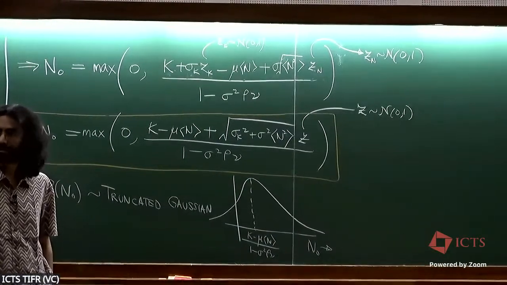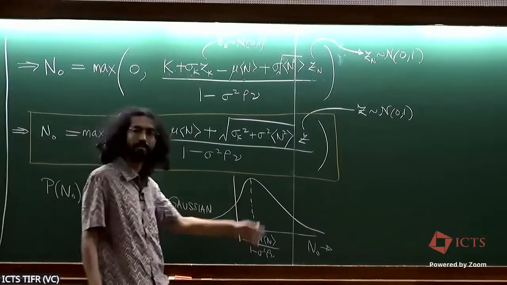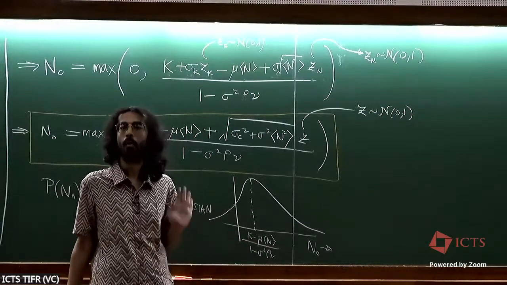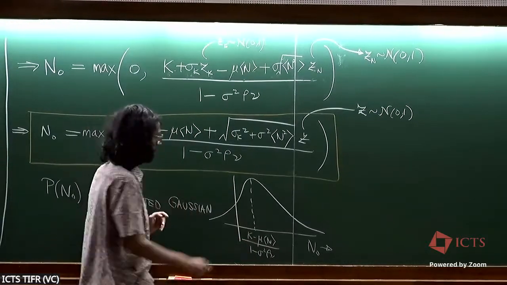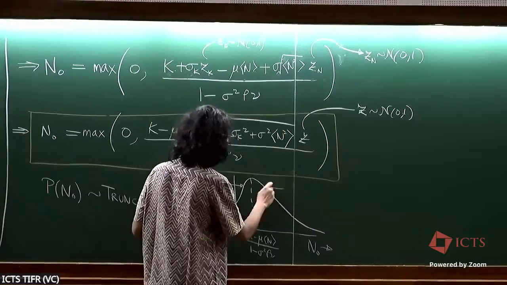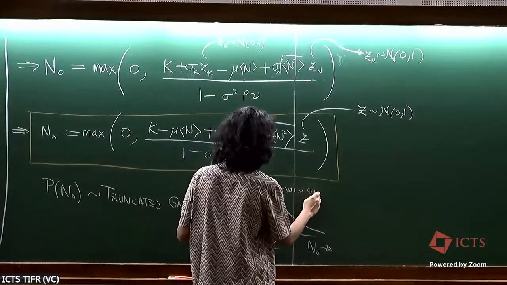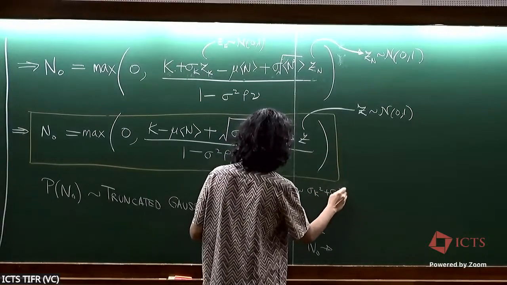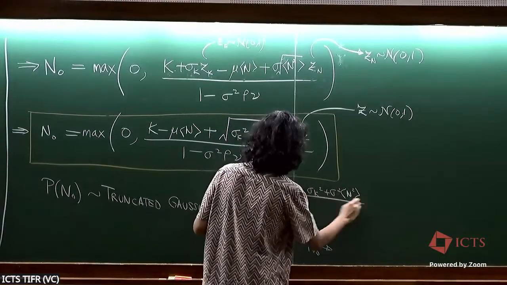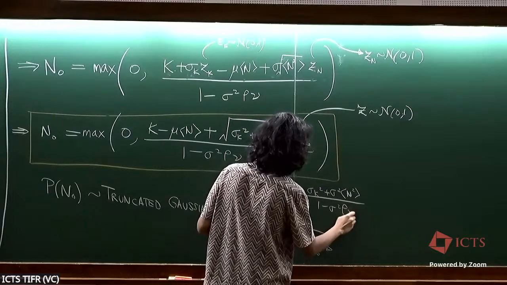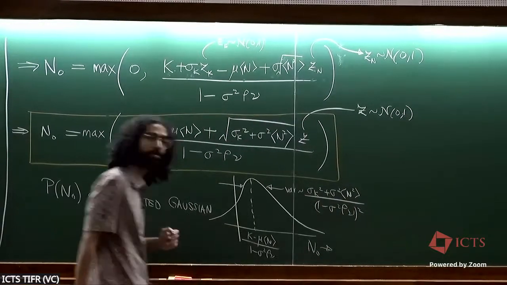They are constants, so this will be some value, we just don't know what it will be yet. And there'll be some variance of this Gaussian, and that variance will be (sigma_k squared plus sigma squared mean of n squared) over (1 minus sigma squared rho nu) squared.